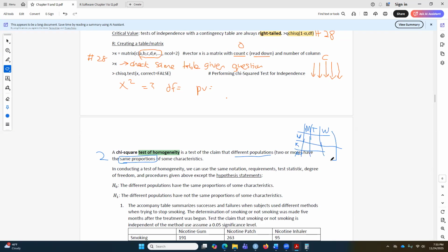What does the test of homogeneity say? It says that this expected value is the same as this, is the same as this, is the same as that. That means every single one of these is the same.